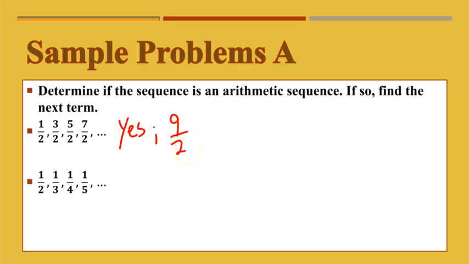Next, I have 1/2, 1/3, 1/4, 1/5. So in order to get from 1/2 to 1/3, I would have to have common denominators here. So 1/3 minus 1/2, the common denominator is 6.